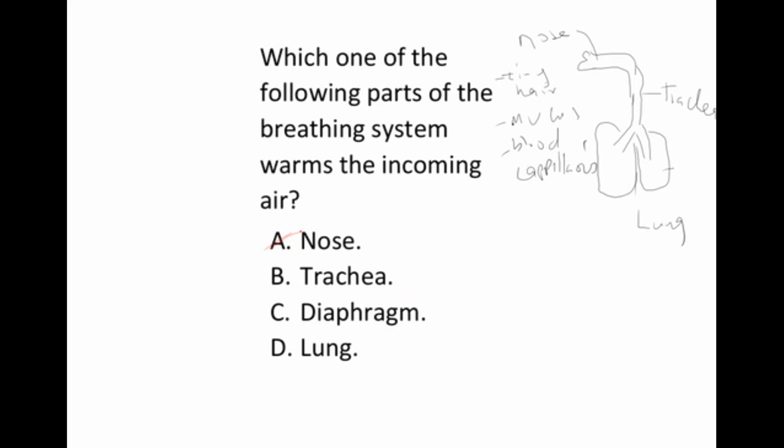The diaphragm helps just in increasing and decreasing the thoracic volume when we are breathing in and out, and it is in the lungs where the exchange of gases takes place. So the warming of the air as we breathe in is done in the nose.